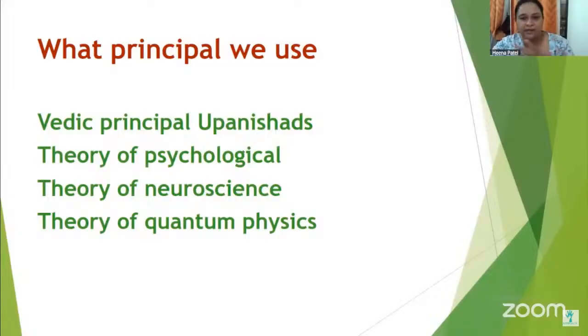The theory of neuroscience, how energy and consciousness work. There is a lot of research about neuroscience and consciousness. So we have used the principles of neuroscience and the theory of quantum physics. Quantum physics is total consciousness, and nowadays lots and lots of people are working in the research area, and we need to find out how we can use all these principles for human health.